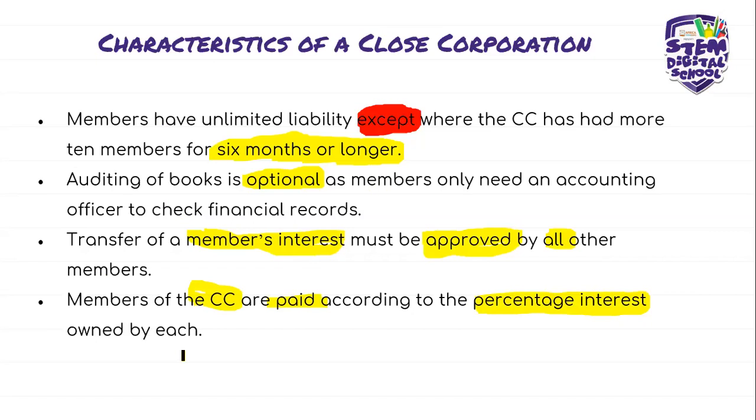But that is more of accounting. In business studies, you don't have to know how to calculate the percentage interest owned by each member. You just need to know the theory on how to form a close corporation. In accounting, that's where they'll teach you how to account for a close corporation. For now, remember, business studies is as if you want to start your own business, then obviously for calculations you need to hire an accountant.